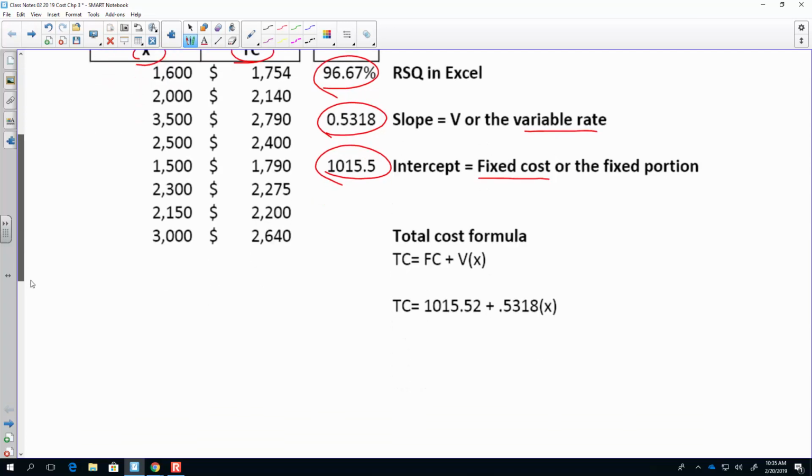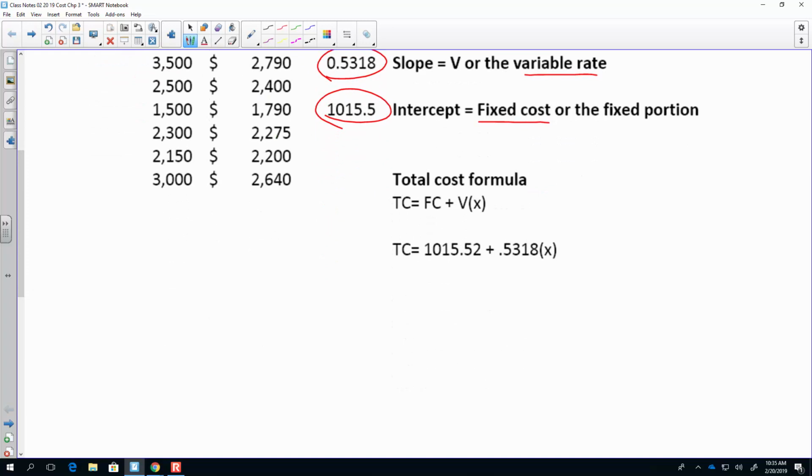In addition, the goal with Chapter 3 is always to come up with a cost formula, right? So you have your fixed cost plus your variable cost, which is represented by the slope or variable rate times a cost driver, in this case X, which could be units, it could be machine hours, it could be labor hours. That can change with the problem.